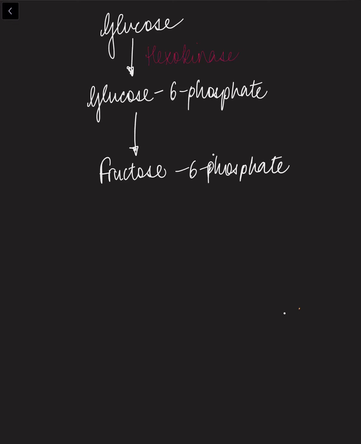Rather, fructose 6 phosphate, when phosphorylated, can be cleaved easily into two 3-carbon molecules, which can be further oxidized to get pyruvate. So this is a better choice because of the symmetry and stability.